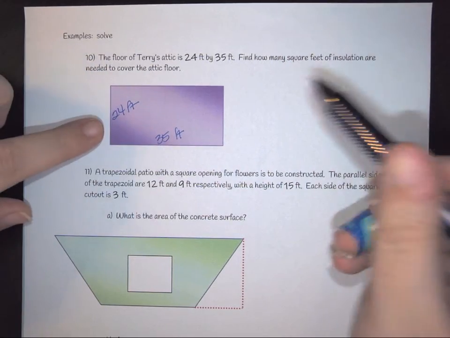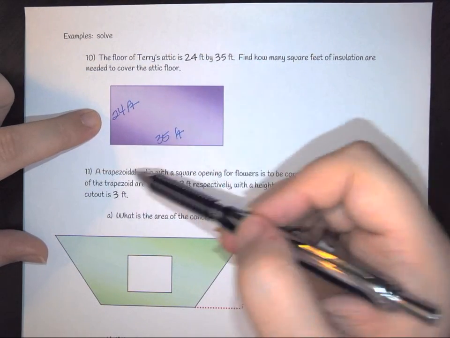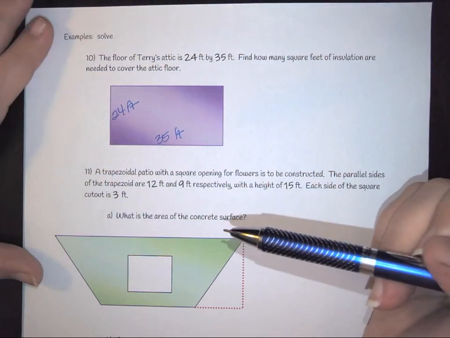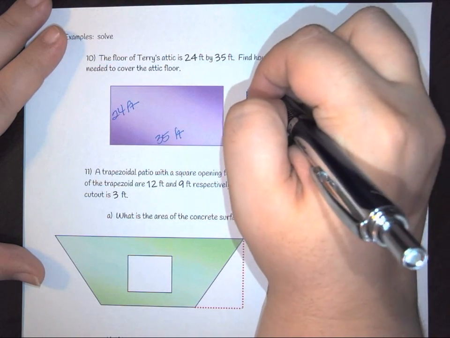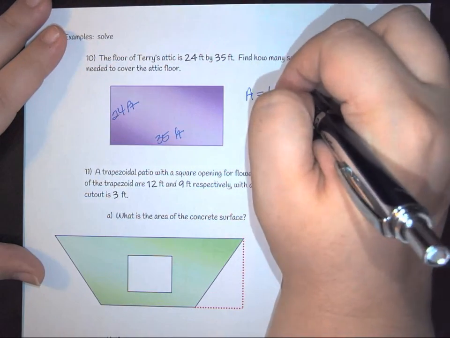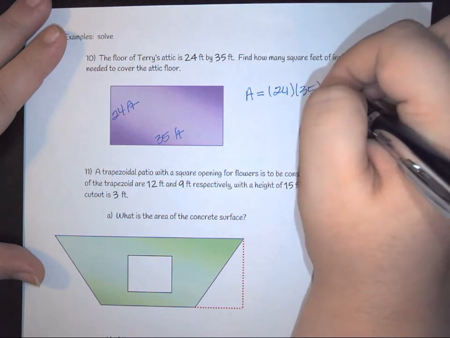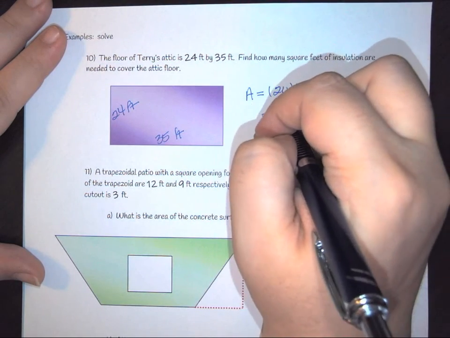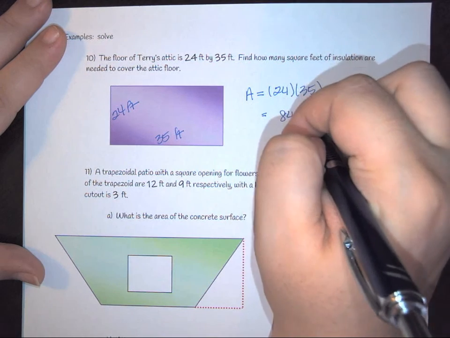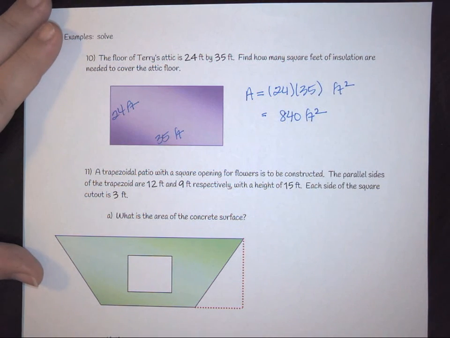Now, I'll have you know, most problems don't give you the rectangles themselves. I would go ahead and make sure that you draw it. But simply to find your area, I'm going to take that 24, multiply by my 35, gives me feet squared. So my area here is going to be 840 feet squared.